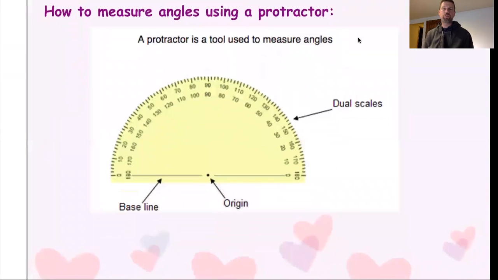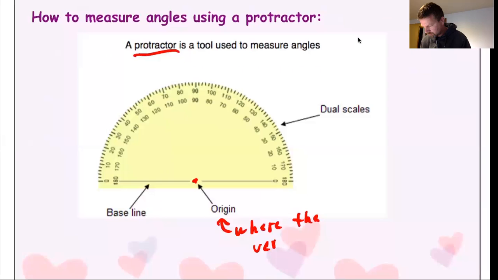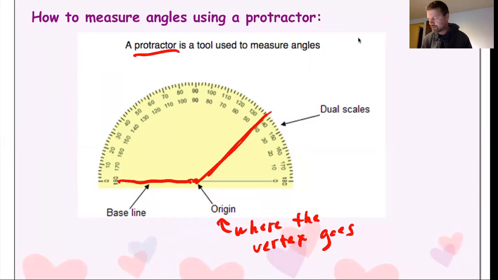This little tool, you might have seen that before. It's called a protractor. Protractors are how we can measure the degrees of an angle, how wide it opens up. There's the origin. This is where you put the vertex. There's a baseline, that's where you put one of the sides of the angle, and then the other side of the angle will land somewhere on one of these scales.